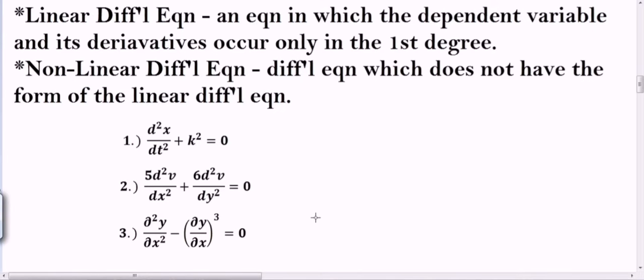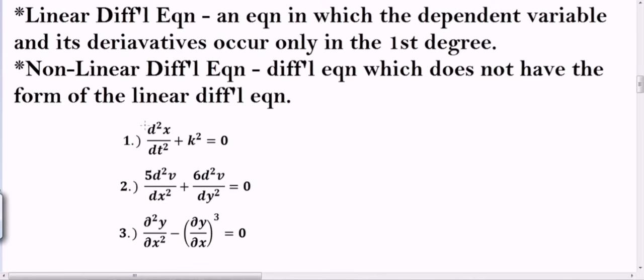So, if your derivative has an exponent aside from 1, it is like when you identify an equation, right? We have what we call quadratic, we have cubic, we have linear. So, when we say linear, the degree of the equation is only 1. So, that is linear. But if you have an exponent of 2, we call it quadratic. If it has a cube, cubic. So, it is the same here, guys. For example, the first one is d squared x over dt squared plus k squared is equal to 0.